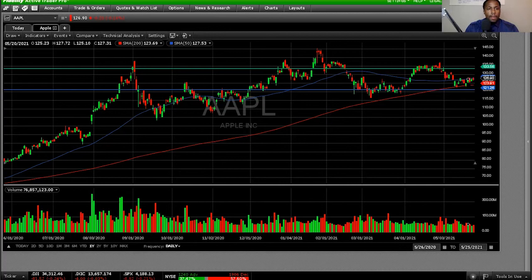But Apple, as of the previous market close, was down. Right now it's very close. It's right under the 200-day moving average. Right now, the price is at $126.90, and actually it's above the 200-day.